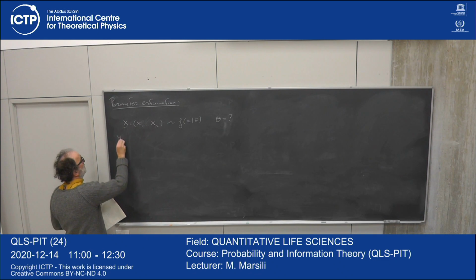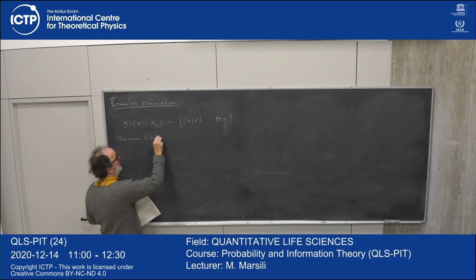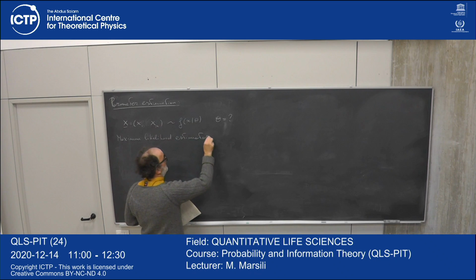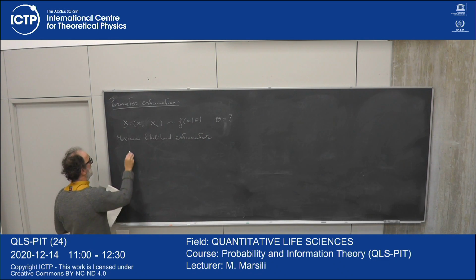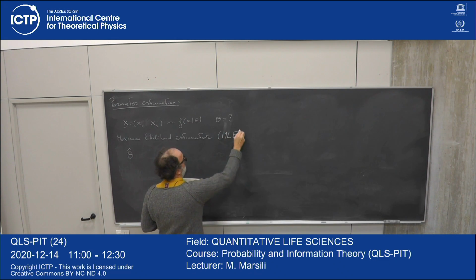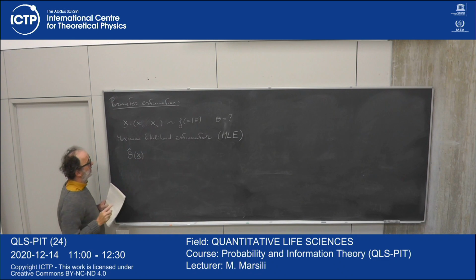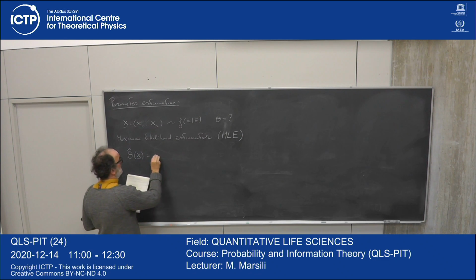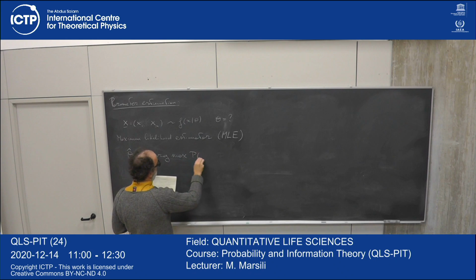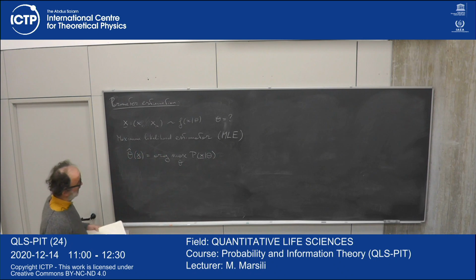Okay, so the maximum likelihood estimator, also called MLE, is the value of the parameter, a function of the sample, that maximizes the probability of the sample given theta, maximizing over theta.